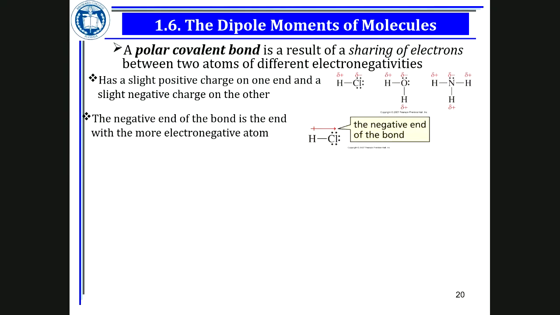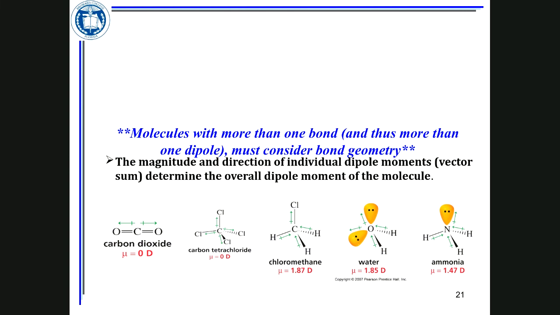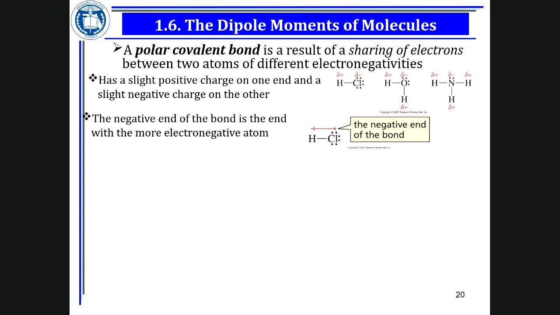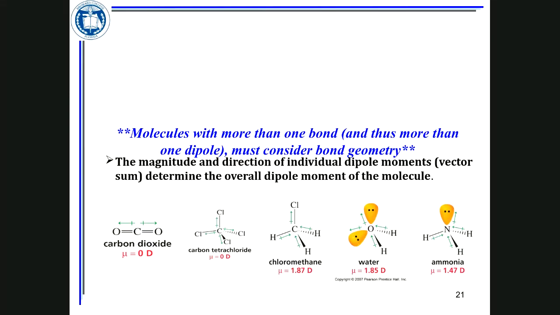Any questions about polar, non-polar? So if it's a diatomic or just linear, two atoms, you look at the electronegativity. How would you determine if the molecule is polar or non-polar, and what is the benefit of that? For a molecule to be polar, it must have uneven distribution of electrons, just like a bond to be polar.